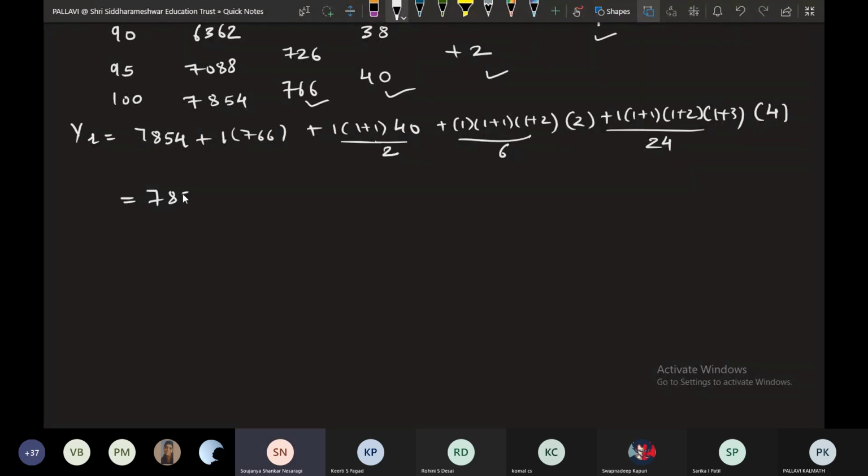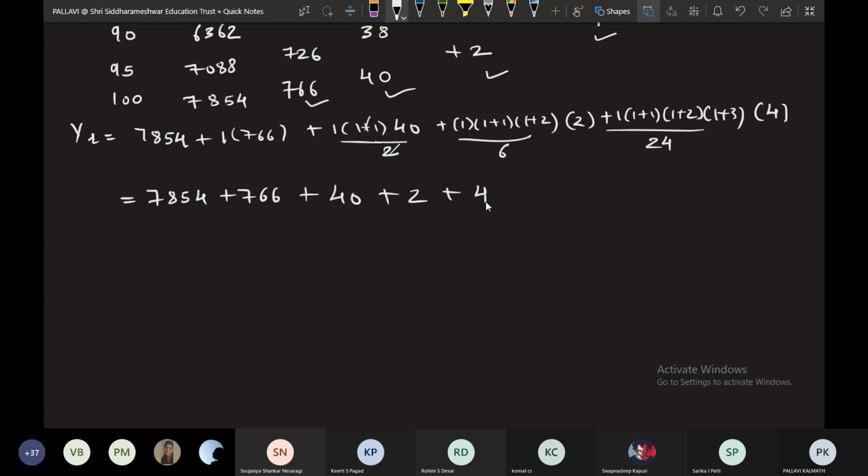This is 7854 plus 766. Then 1 plus 1 is 2, and 2 and 2 will get cancelled. You will get 40 plus, then 2 plus 1 is 3, 3 and 2 is 6, and 6 and 6 will get cancelled, leaving only 2.